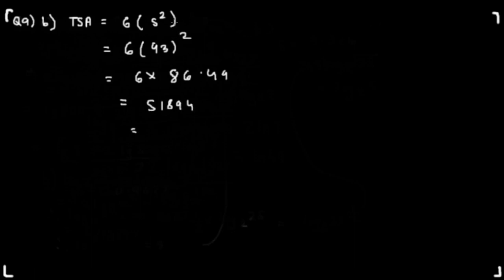Instead of doing it like this, I'm going to write it as centimeters and convert to millimeters later. So this is the same thing as 51894 millimeters squared. Now, the issue here is in the book it says it's something like 517 or something.